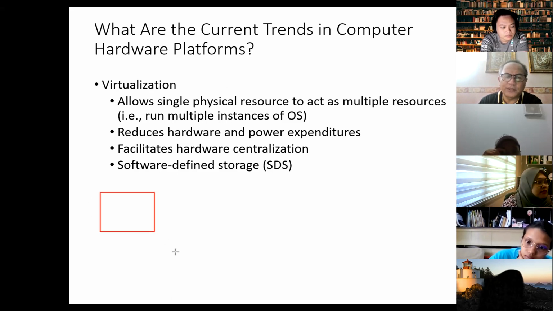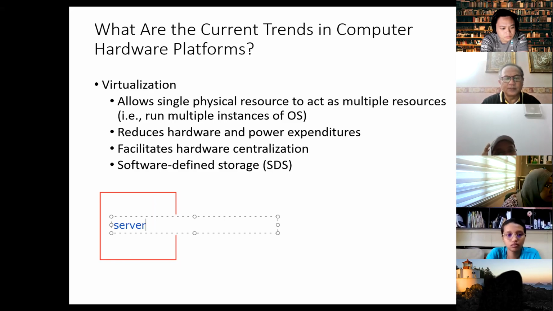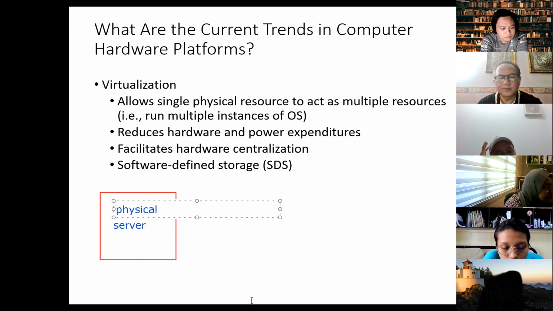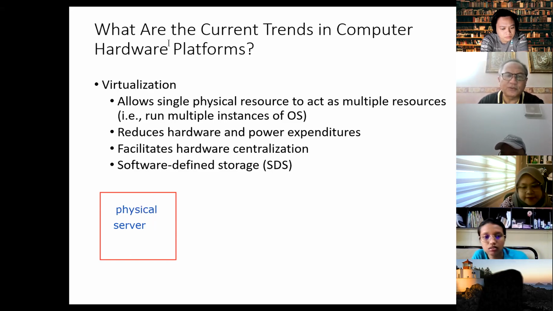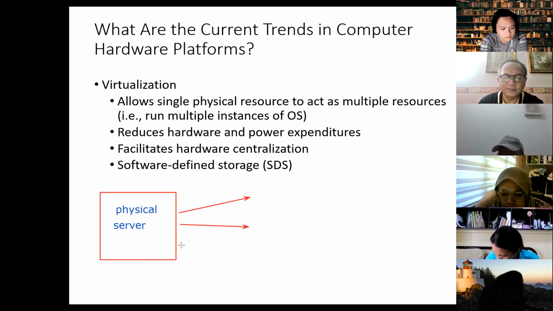So for example, we have one server. This is just a single physical server. By virtualization using software-defined storage, we create virtual servers. So you can have three virtual servers, for example. It can be more, it can be less.